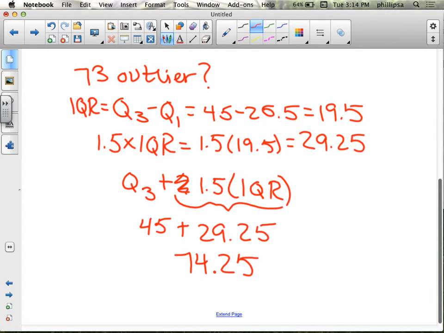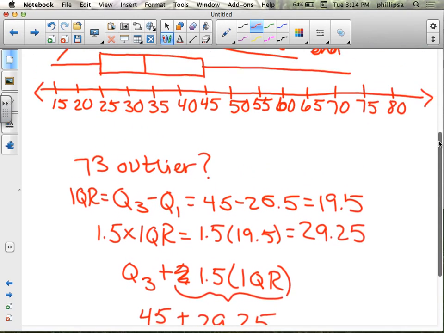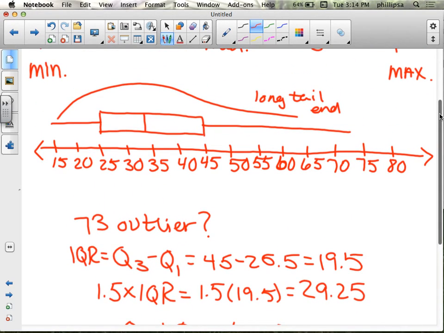It's within your cutoff range. That means it's not considered an outlier. We'll leave it as our max value. And that's it for this video.